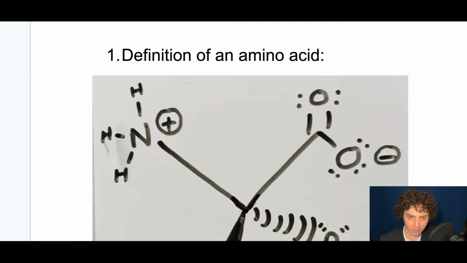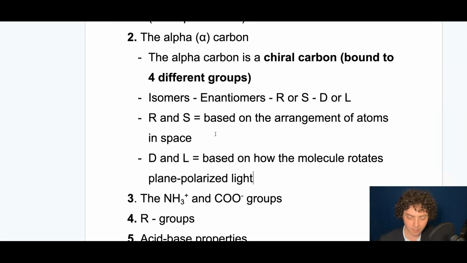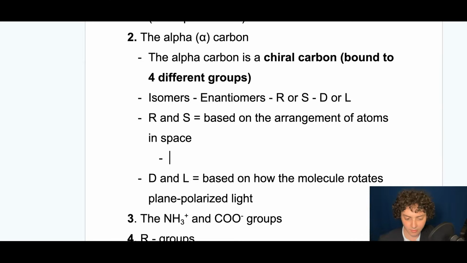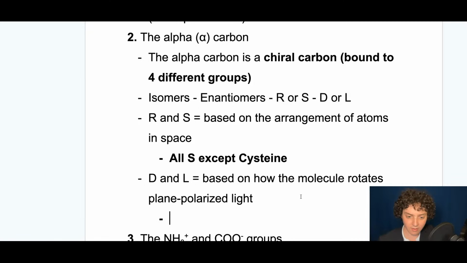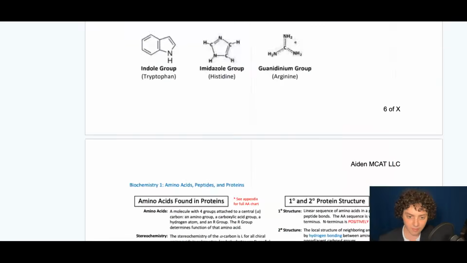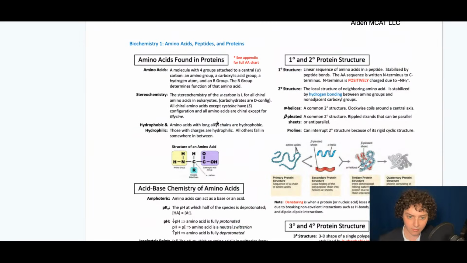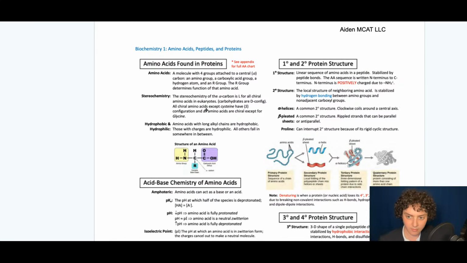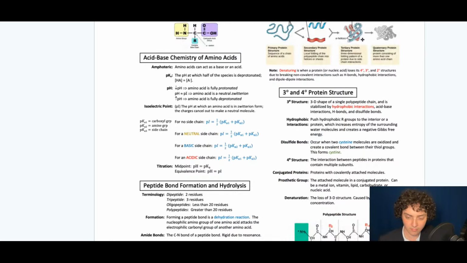So when it comes to R or S, it's going to be, I'm going to bold this, all S except cysteine. And then when it comes to D or L, it's going to be all L. I think.